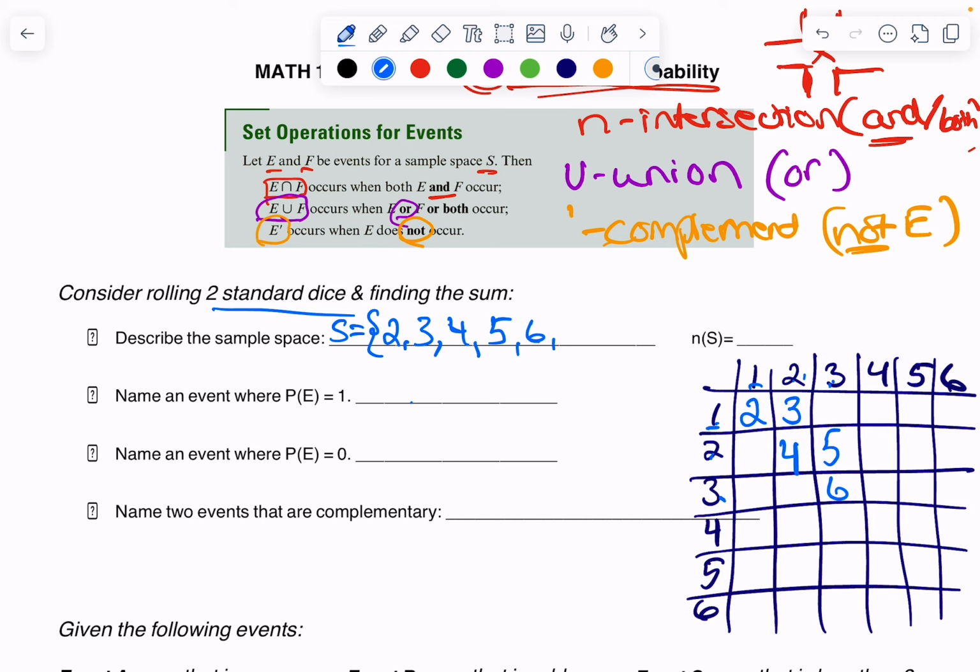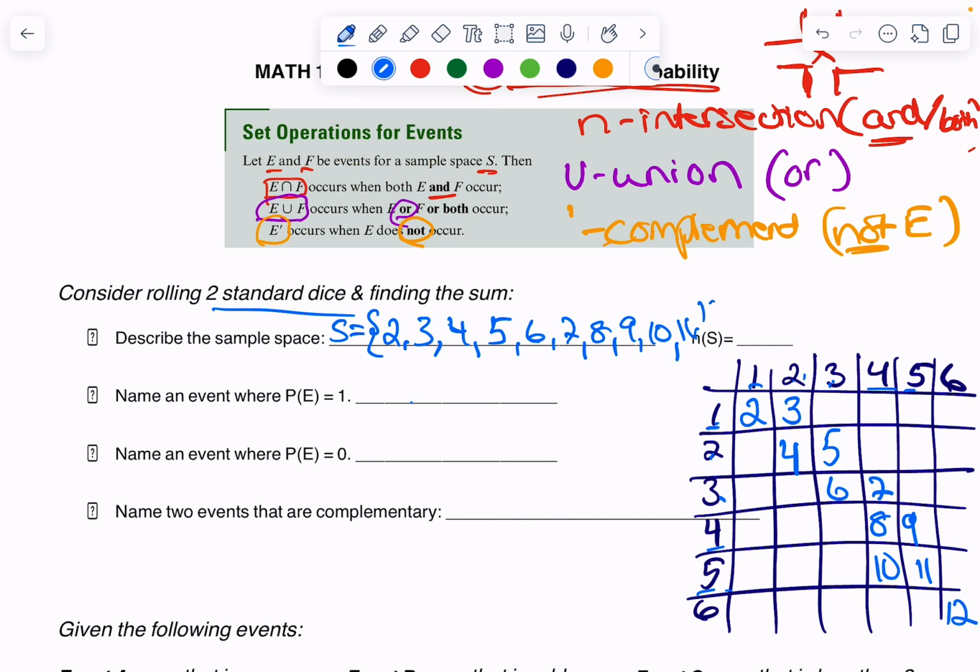3 plus 4 is 7. 4 plus 4 is 8. 4 plus 5 is 9. 5 plus 5, 10. 5 plus 6 is not 6, 5 plus 6 is 11. And then we've got 6 plus 6, which is 12.